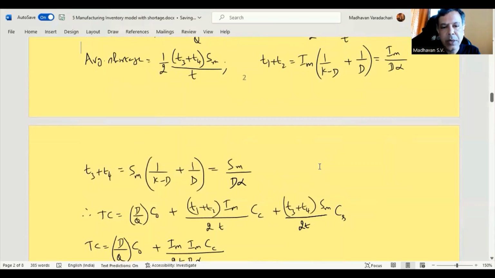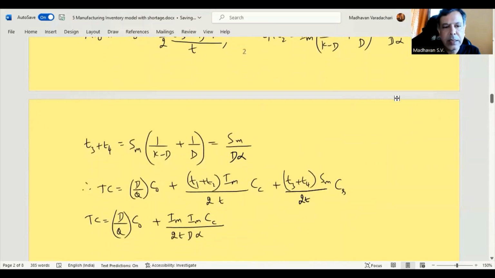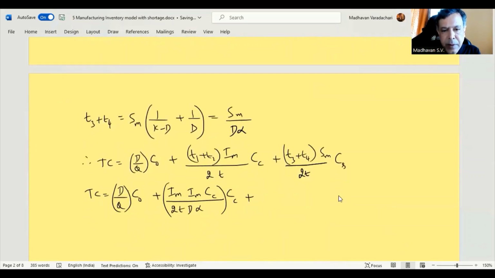Similarly, plus T3 plus T4, which is SM by D alpha, so SM by 2T D alpha, and again there is an SM and then Cs.